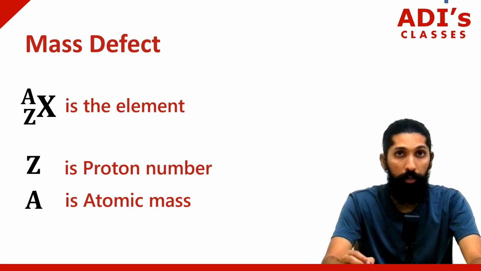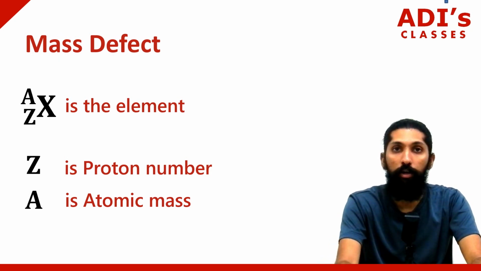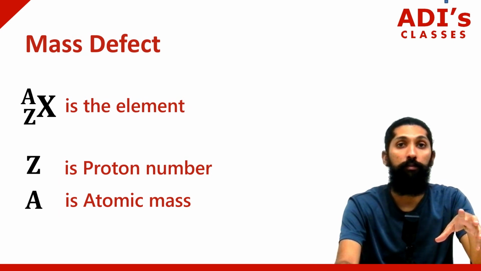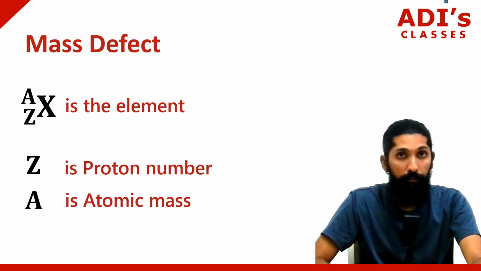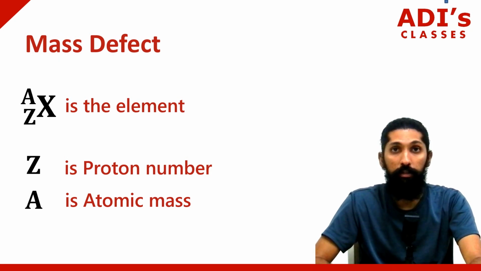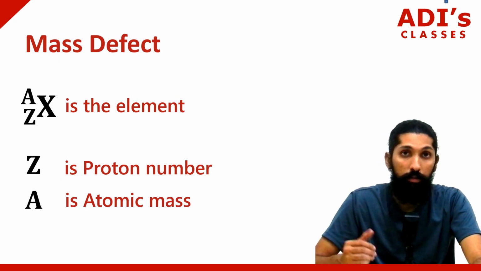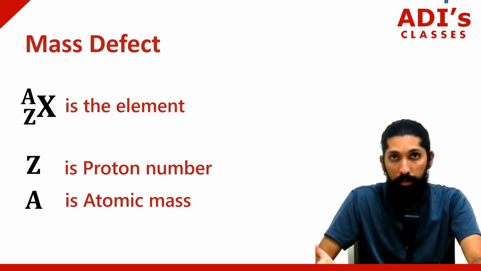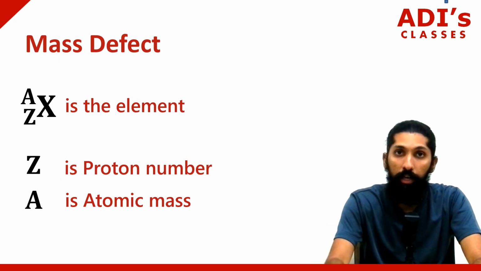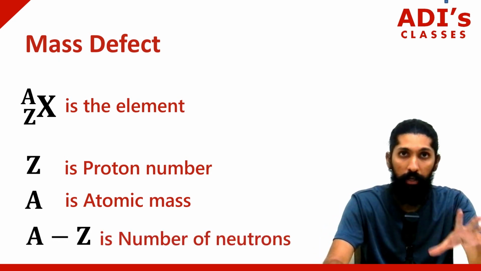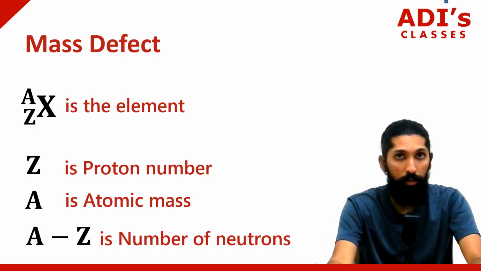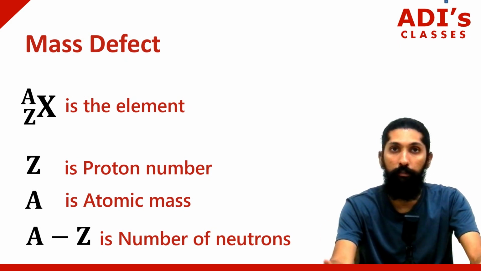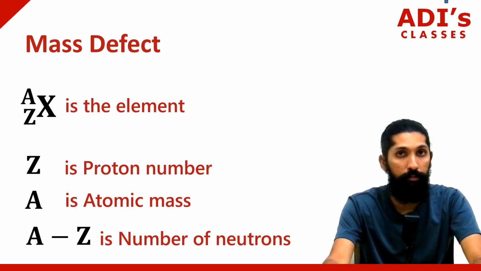A represents the atomic mass number, which is the sum of protons plus neutrons. If I have to calculate the total number of neutrons, we take A minus Z. A has both protons and neutrons, Z has only the protons. Subtract, and you get the number of neutrons. So A minus Z gives me the number of neutrons.